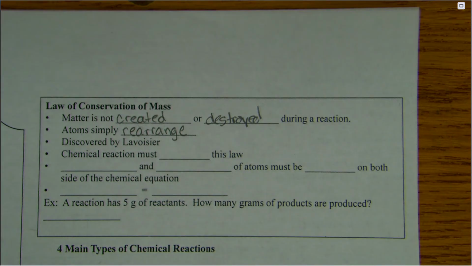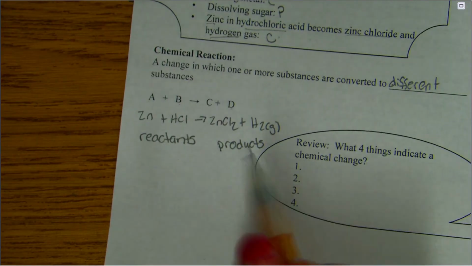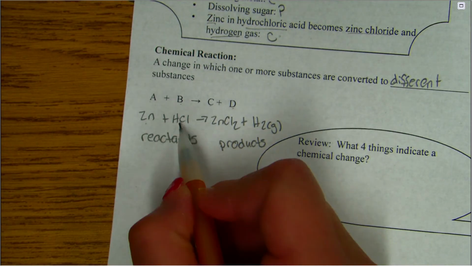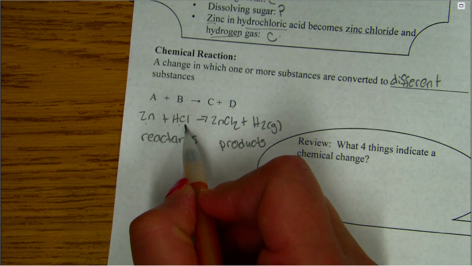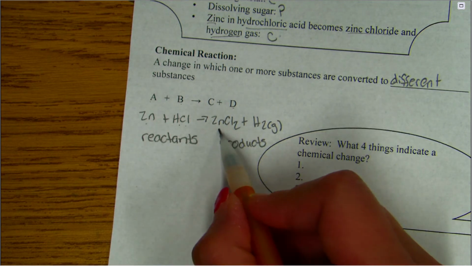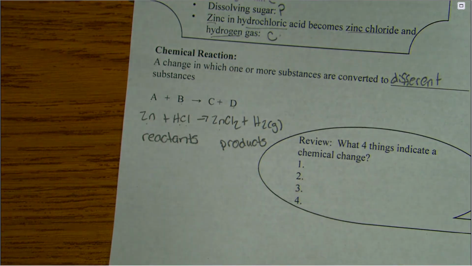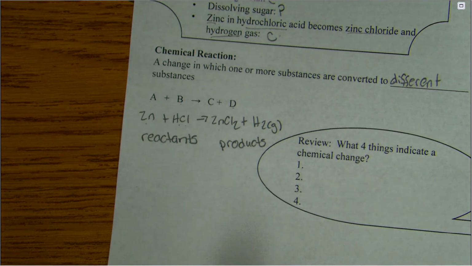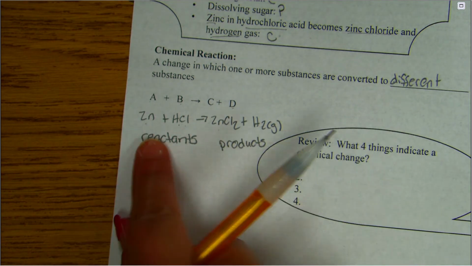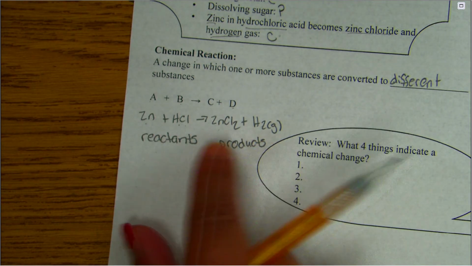If we look back at our example, zinc, hydrogen, and chlorine are on the reactant side. Zinc, hydrogen, and chlorine are on the product side. They're just in a different order, a different form. So we have not lost any matter in this equation. We've just made it look different.